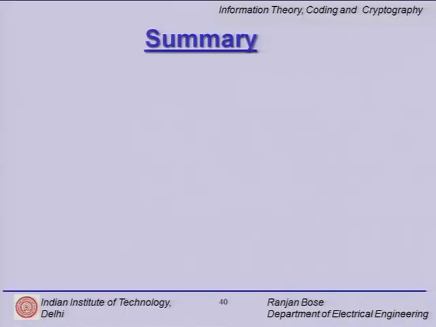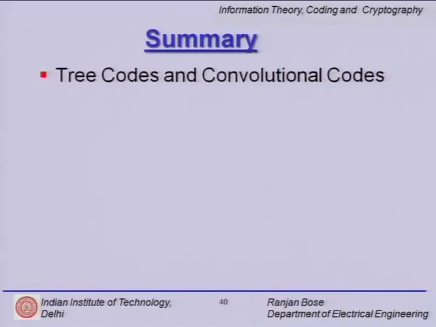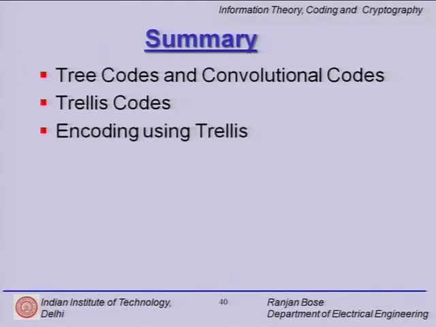Let us summarize what we have learned so far. We started off with the definition of tree codes and convolutional codes. Then we found a very interesting pictographic representation of trellis codes using trellis diagrams. We learned how to use this trellis diagram to encode very efficiently an input bit stream. We also made a very interesting observation that any particular input bit stream corresponds to a unique path in the trellis.